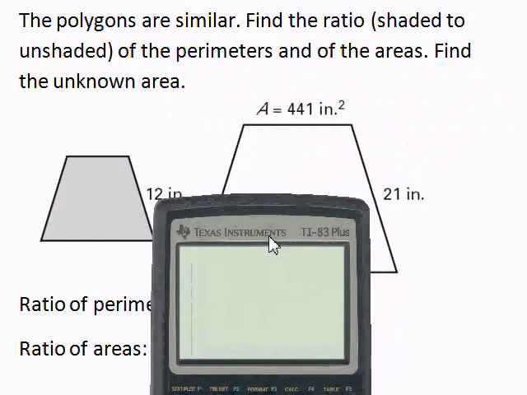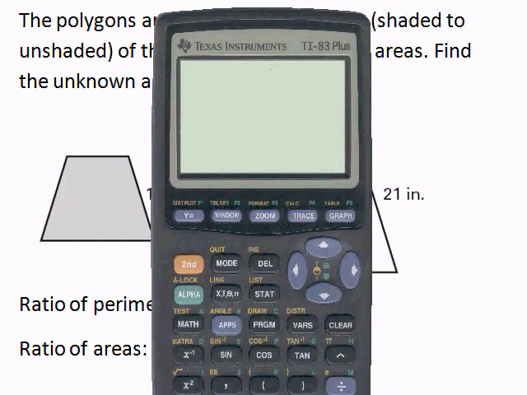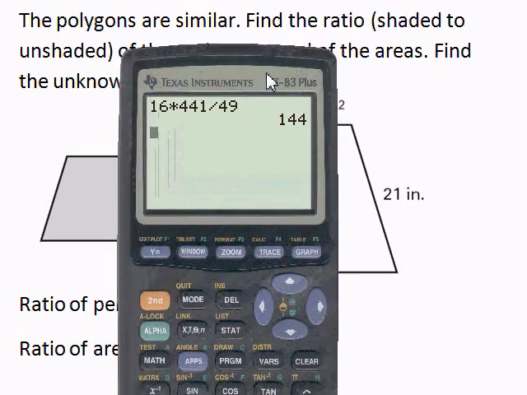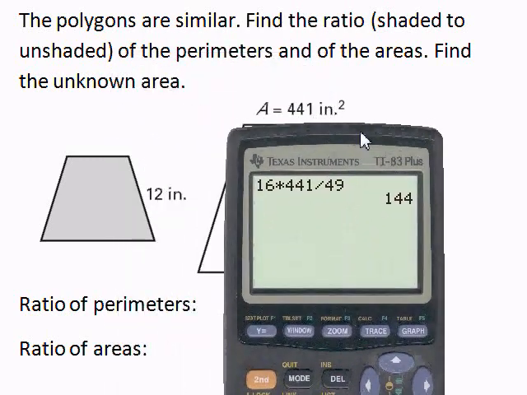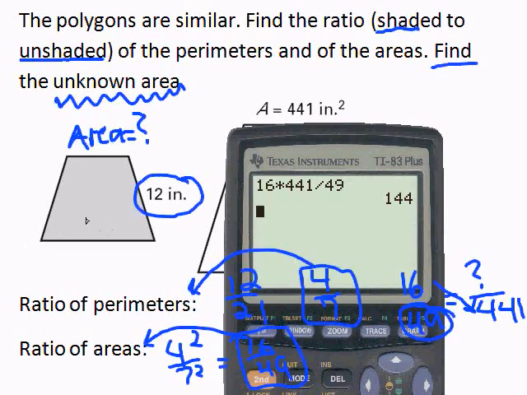We get our missing area to be 144, in this case inches squared. So our missing area is 144 inches squared, and that's the answer for the missing area right here.